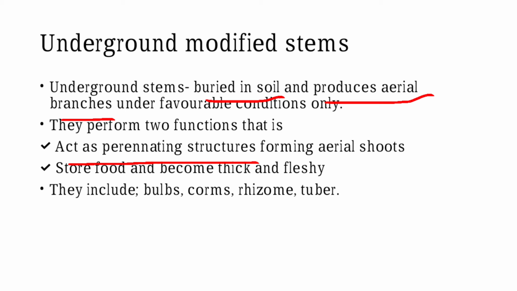What do I mean by this? They are able to form aerial shoots when conditions are favorable. Two, they also store food, and that's why they appear to be thick and fleshy. Some of the examples we have are the bulbs, the corms, the rhizome, and the tubers.